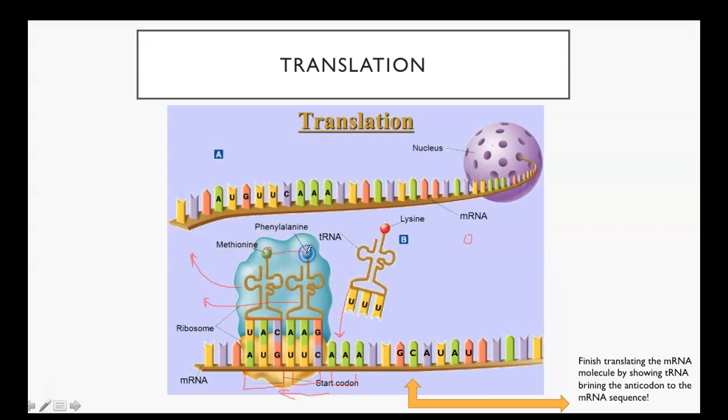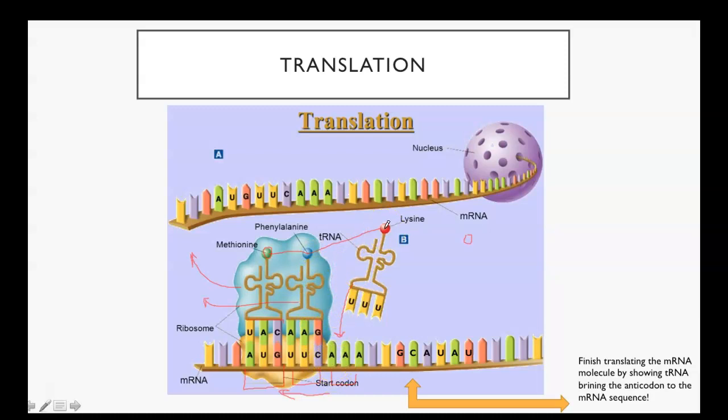Then once we start to see all these amino acids beginning to form in the ribosome, they're going to bond together and form a polypeptide, which is the beginning stage of a protein.